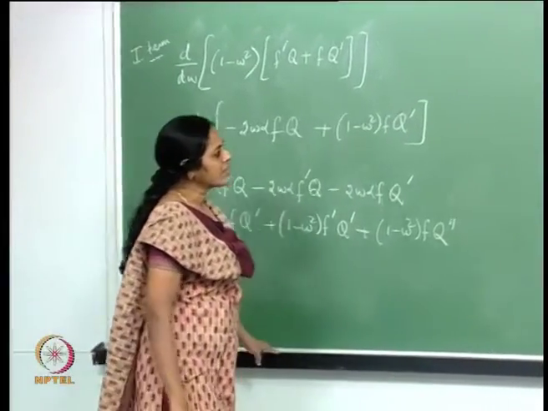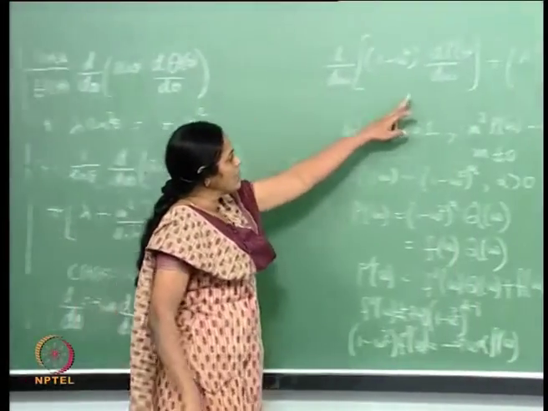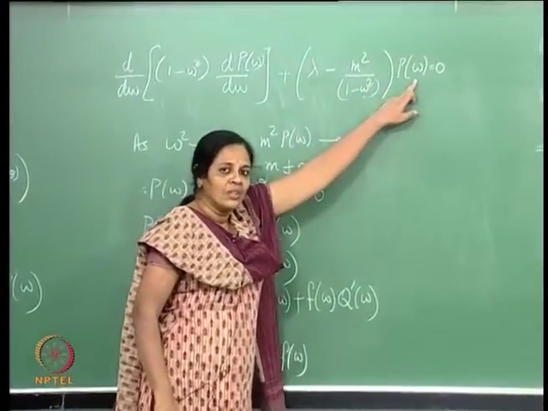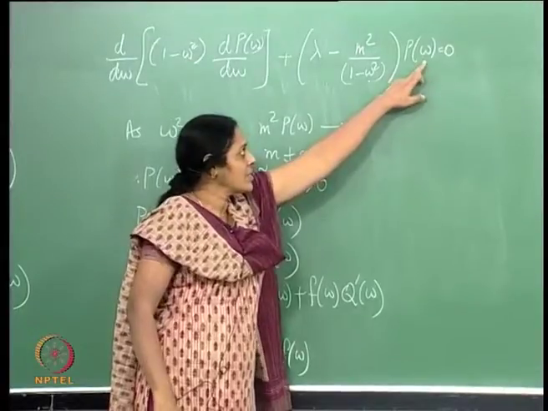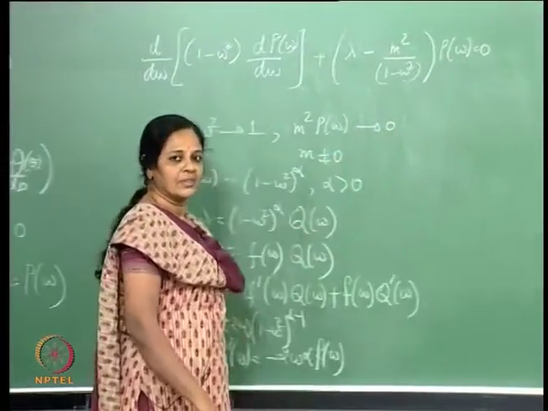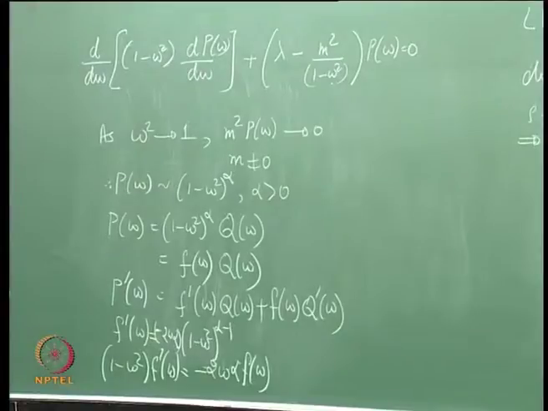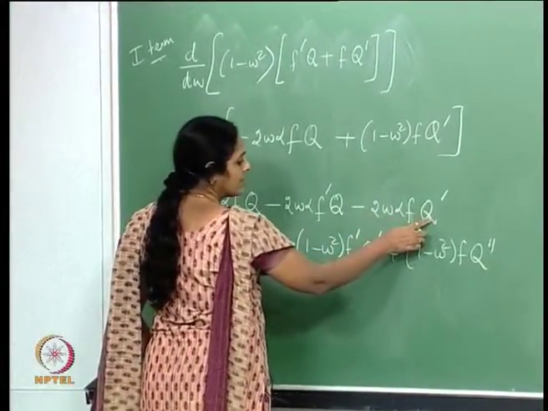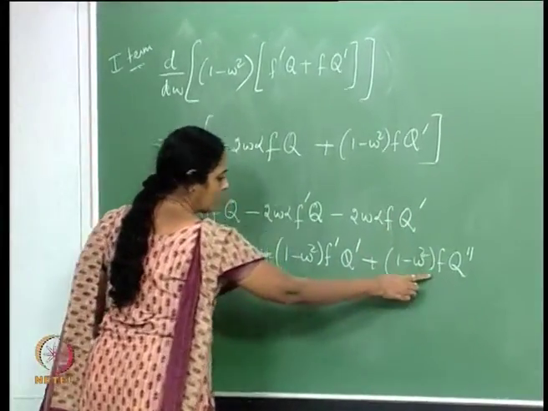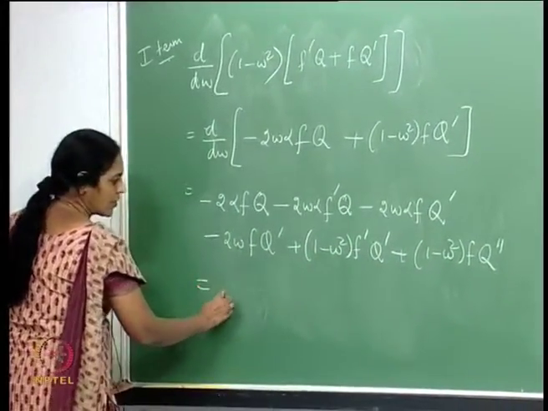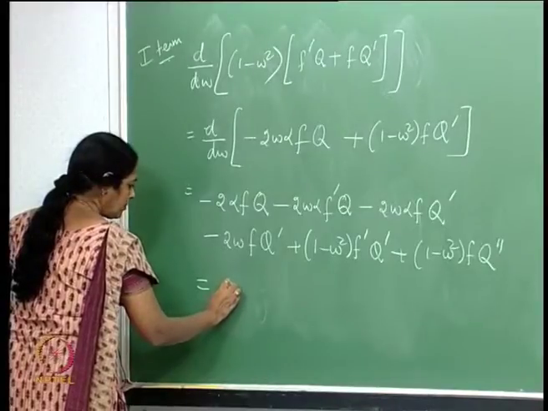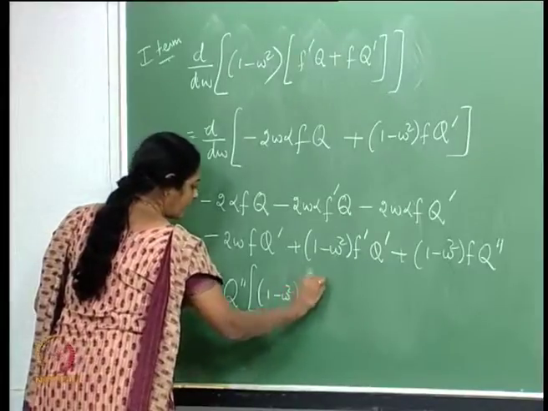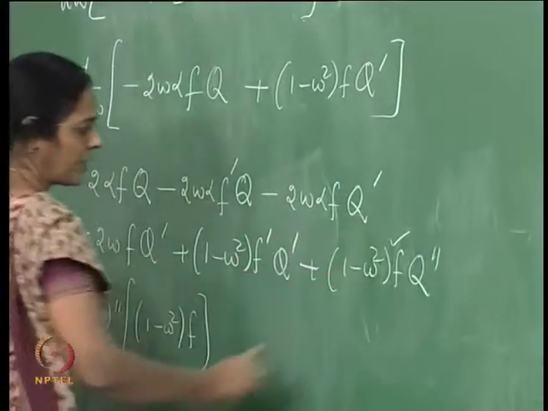Now, there are only two terms here, and since the second term just has p of w, no derivatives, this just has an f q here, there is neither q prime nor q double prime. It is clear that the q prime terms and the q double prime terms come from here. So, this can be just written as q double prime times (1 - w^2) f, and that is all for q double prime.